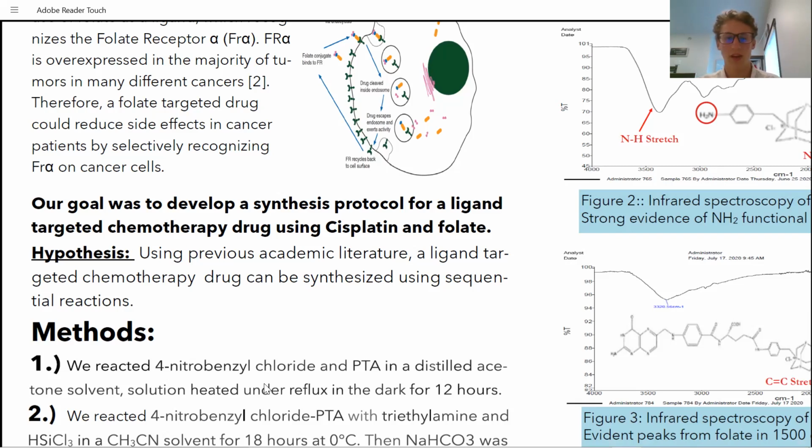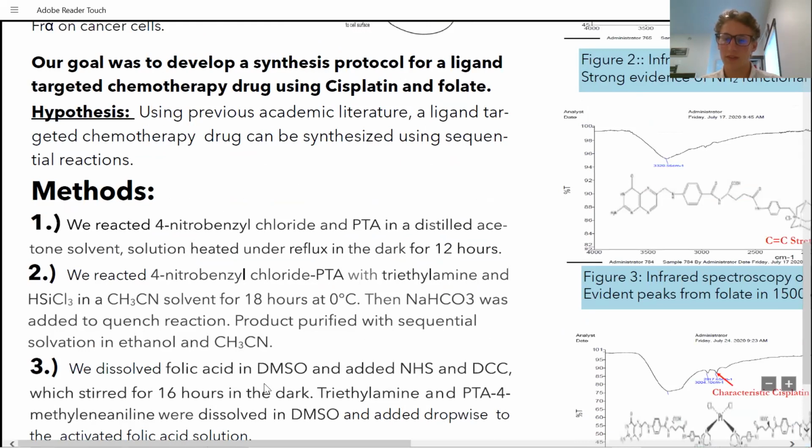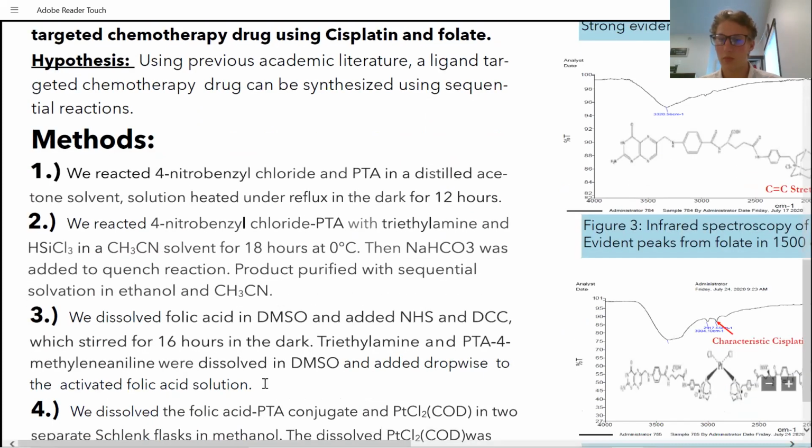The hypothesis was developed using previous literature that had shown the success of these reactions, and that we could produce these reactions successfully using different reactants and strategies. So the first reaction that was conducted was 4-nitrobenzyl chloride combined with PTA.